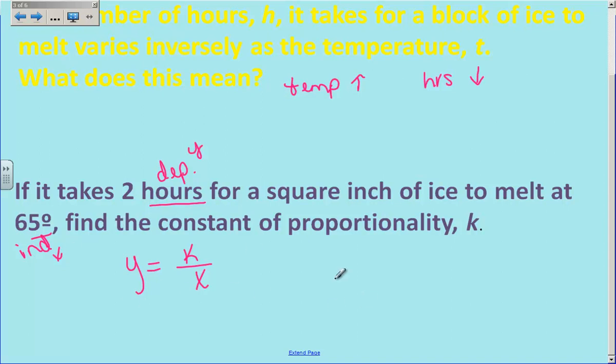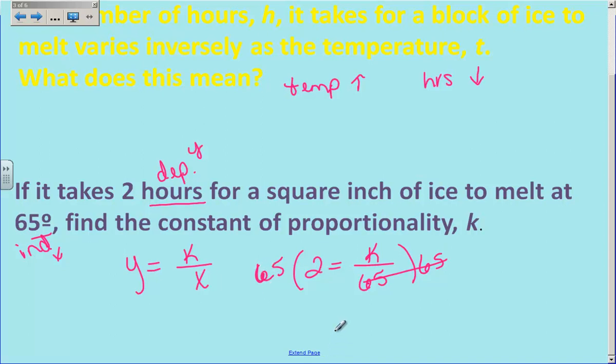So I'm going to plug these in. I know that it takes 2 hours for my ice to melt at 65 degrees. And I want to find out what k is. My entire goal is to find out what does k equal. Okay, so to find the constant of proportionality, I've got to get k all by itself. Well, the only way to do that is to clear this fraction, and the only way to do that is to multiply both sides of this by 65 so that these will cancel out.